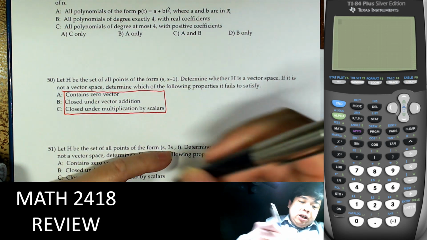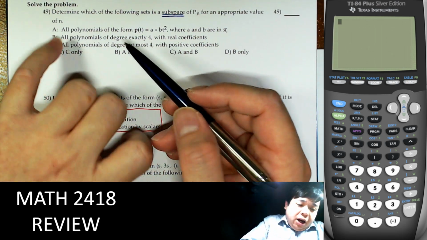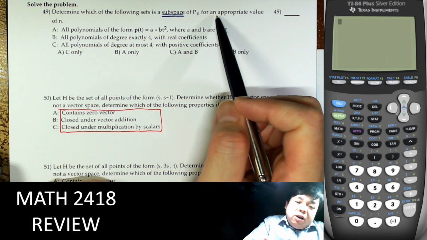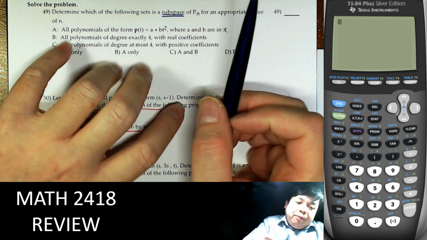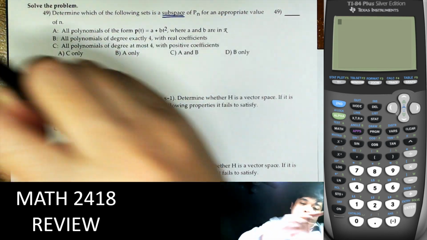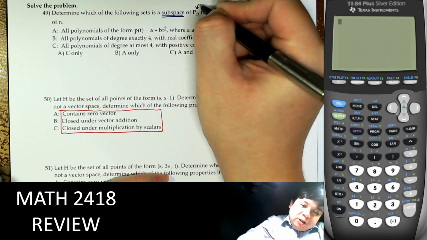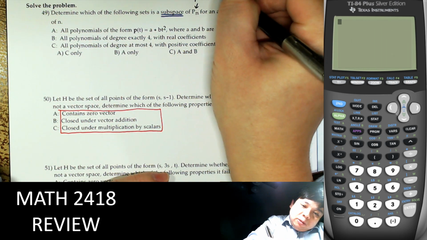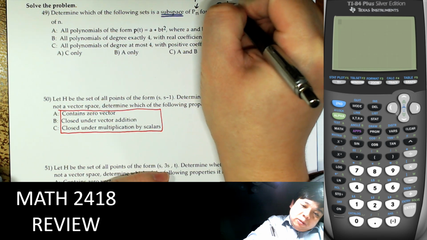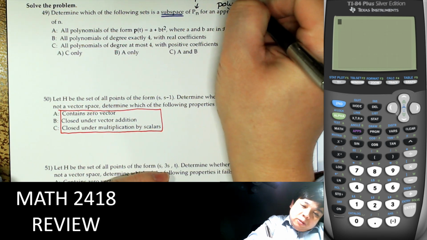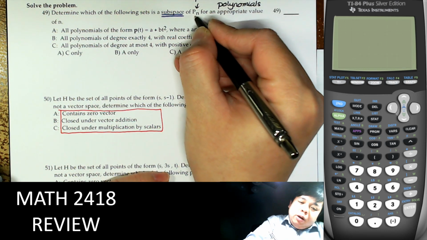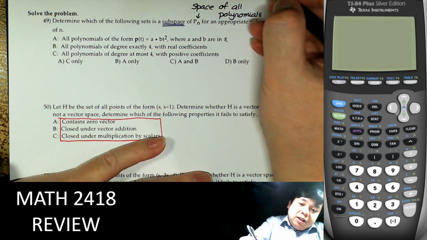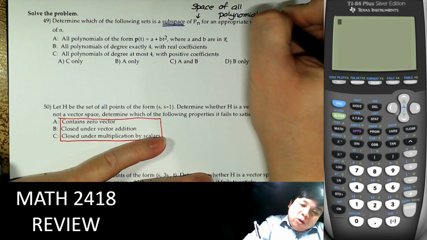Alright, now let's look at some examples first. Determine which of the following sets is a subspace of P_n for appropriate values of n. So we have a space of all the polynomials of degree at most n.